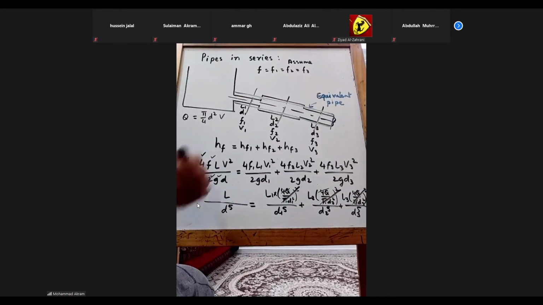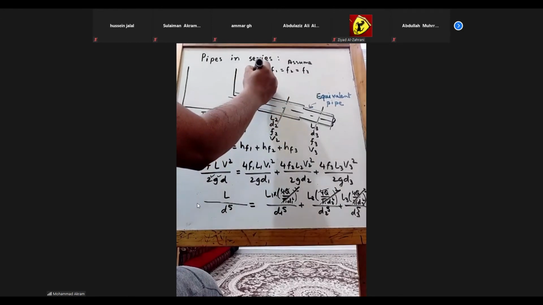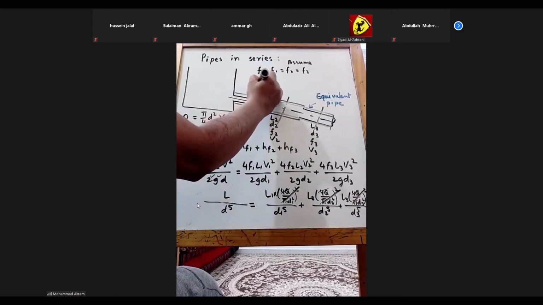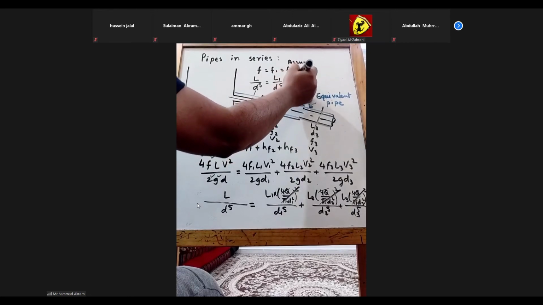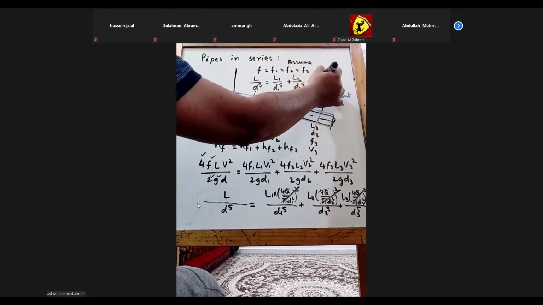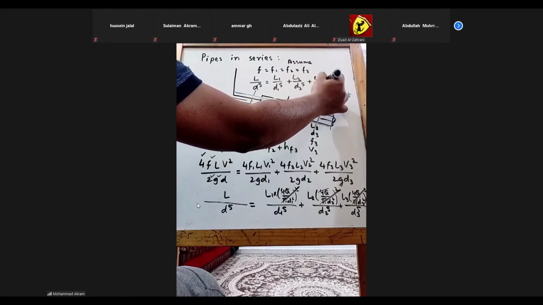So what is the equation coming? For same length, L over d raised to 5 is equal to L1 over d1 raised to 5 plus L2 divided by d2 raised to 5 plus L3 over d3 raised to 5.